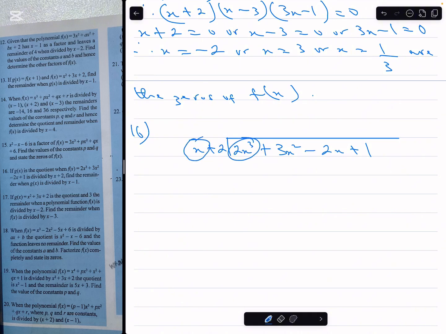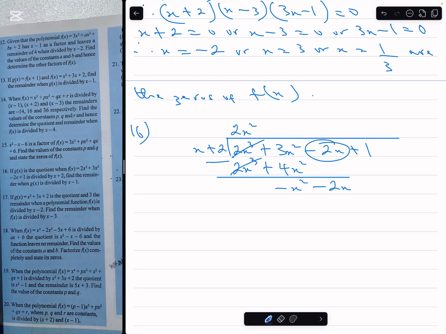2x cubed divided by x is 2x squared. When you multiply, you have 2x cubed plus 4x squared. When you subtract this minus this is 0. 3x squared minus 4x squared is minus x squared. Bring down the next term, which is minus 2x. Now minus x squared divided by x is minus x.